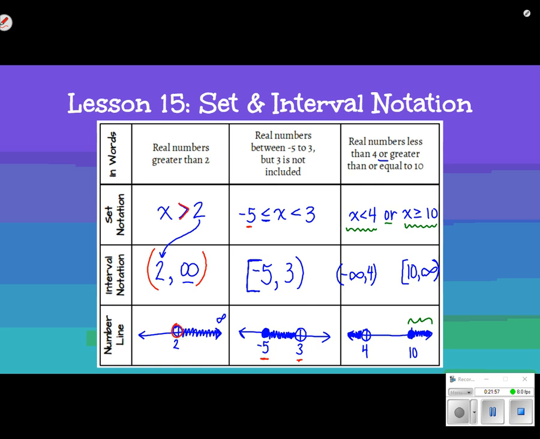So I'm going to make a capital U. And that capital U is actually a special curve. It's not really a capital U, but if you use a capital U, I understand what you mean. But that U stands for union. And what we just did was we taped these two pieces together, two different domains, and we joined them together and they got married.